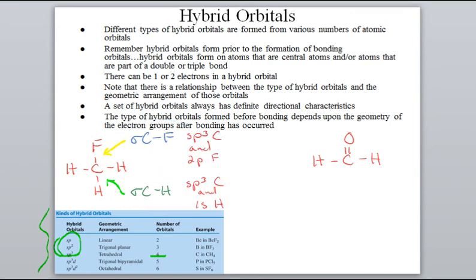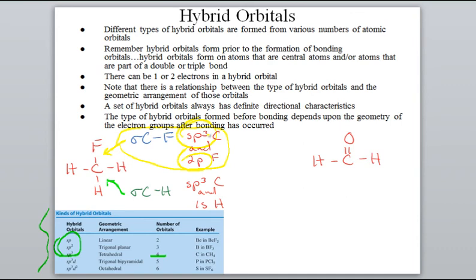For the carbon-fluorine sigma bond, the carbon having 4 groups would have sp3 hybridization. That hybrid orbital would overlap with the 2p orbital on fluorine. It's the 2p orbital that contains the single electron on fluorine. So these are the two orbitals that overlap to form the sigma bonding orbital.